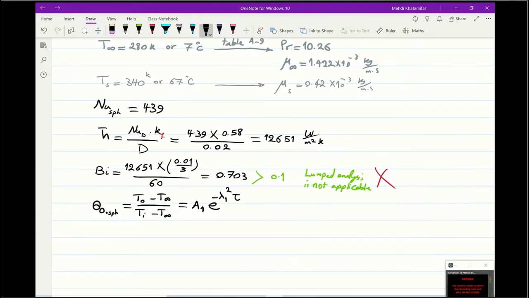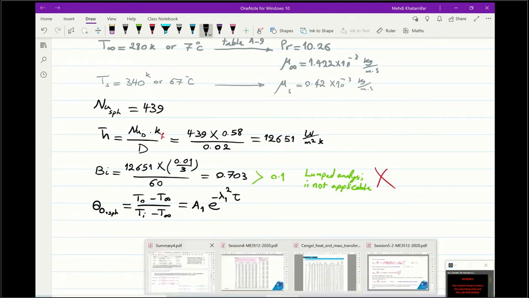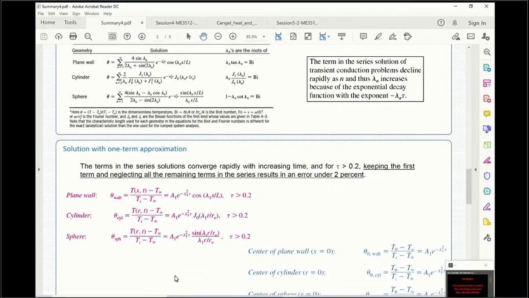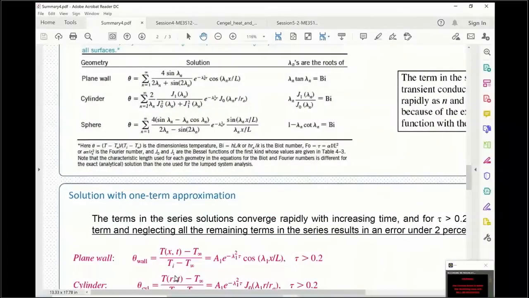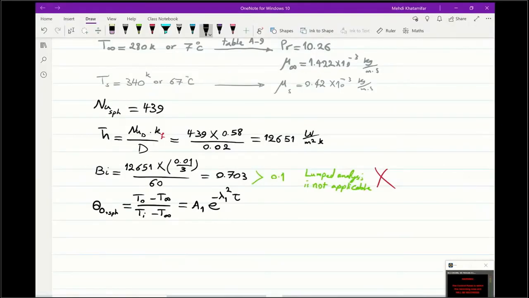Okay, there's a point here. You need to be careful, and I ask you to write down this point. If you want to use these equations, the formula for the Biot number changes. You don't have that characteristic length r divided by 3 anymore. It is going to be just r. So I need to recalculate the Biot number, this time based on the equation they suggested.